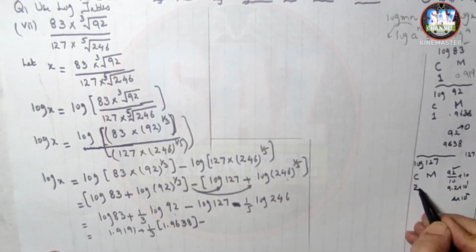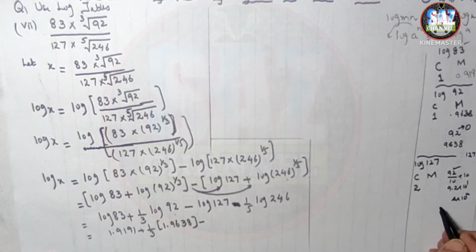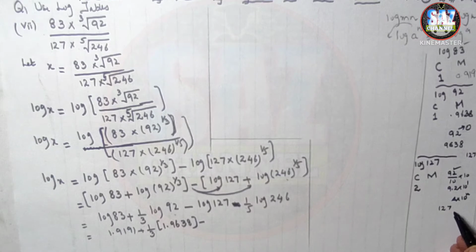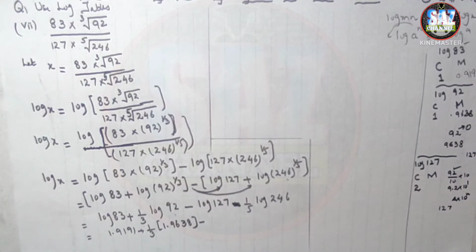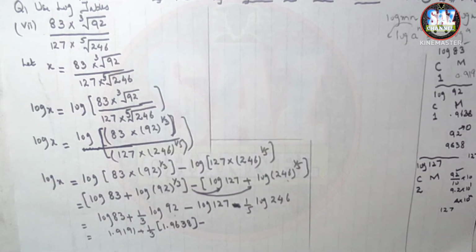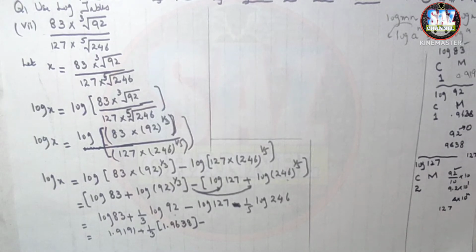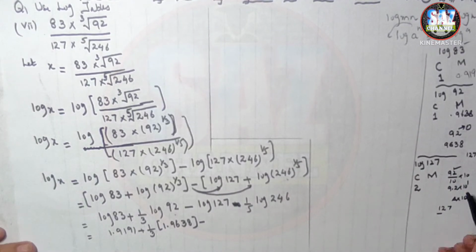So the characteristic will be 2. For the mantissa, I locate 12 in the column of 7, which gives me 1038, and in decimal form it becomes 0.1038.